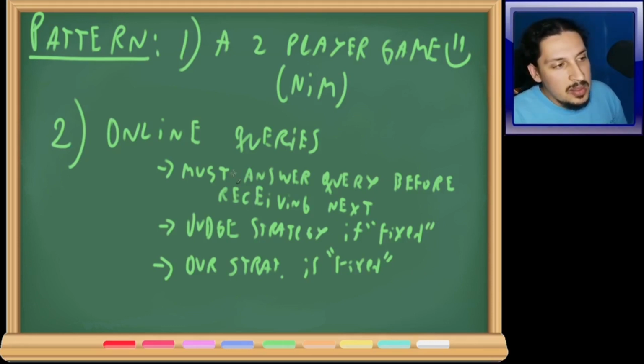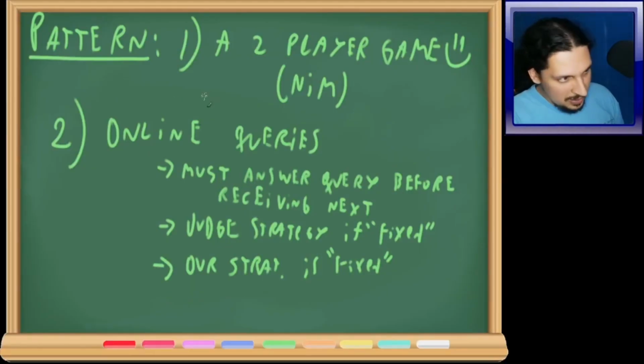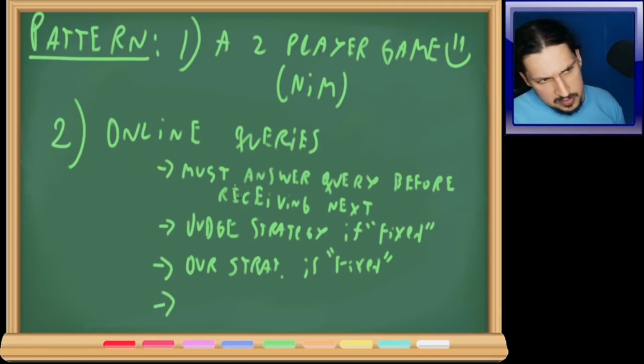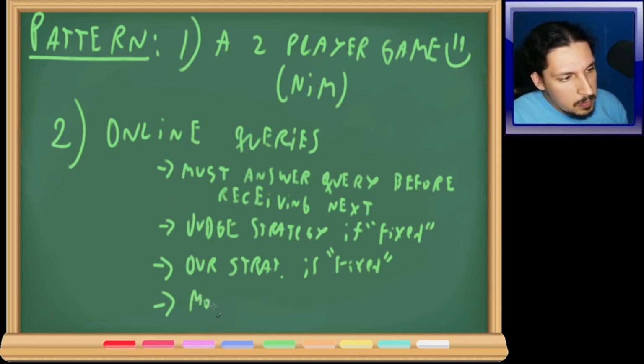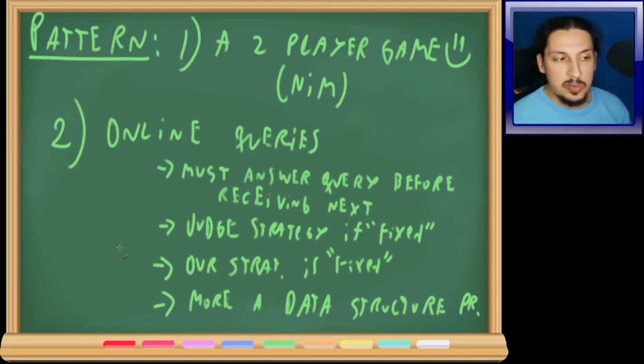So it's not really game theory, although it can be seen like a two-player game, and it is an interactive problem. This pattern, when it is used for online queries, which is very common at IOI, for example, is actually more a data structures problem. And it is very common that persistent data structures will help in this kind of problems.